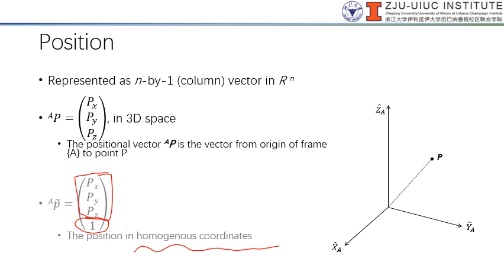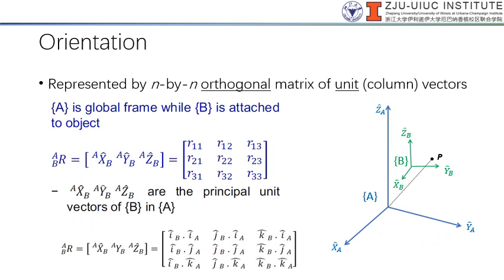So in a 3D space, you're going to have 3 variables, but in this case, you're going to add in 1 at the bottom. So instead of a 3 by 1 vector, you're going to look at a 4 by 1 positional vector if you express it in your homogeneous coordinates.